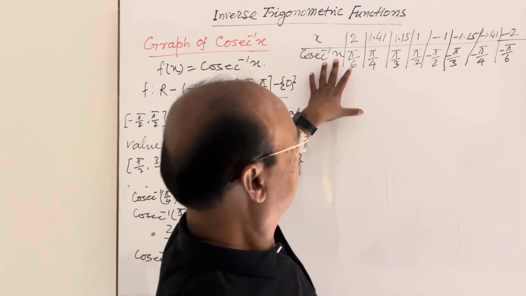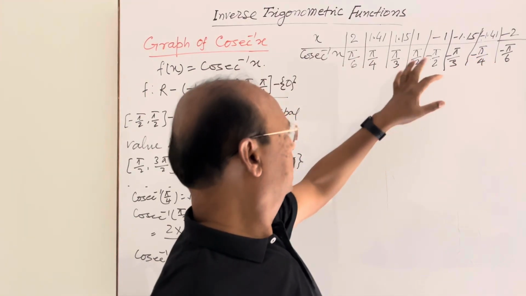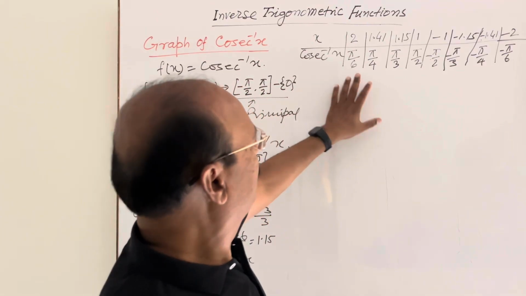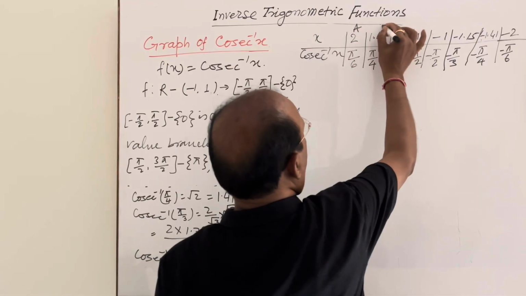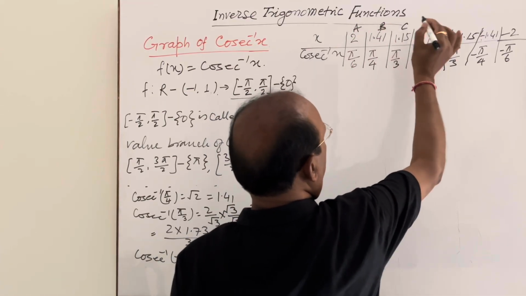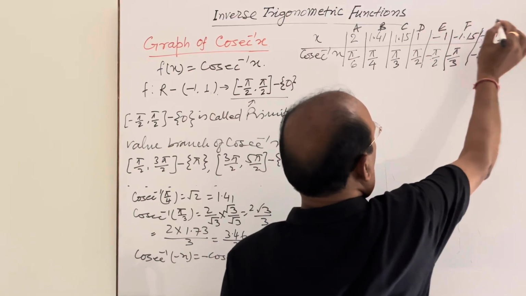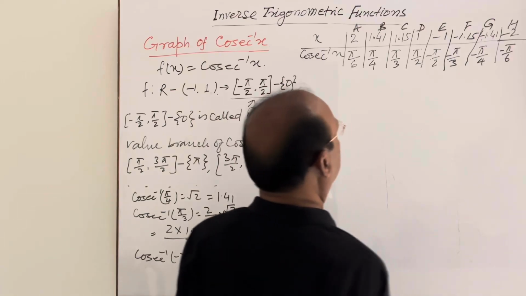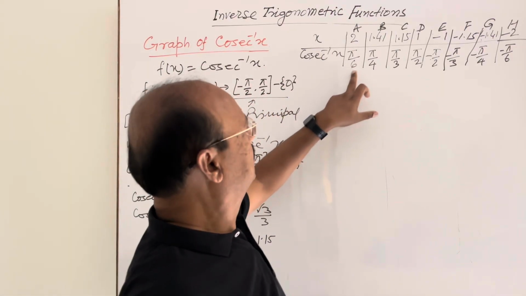So this many points are sufficient to draw the graph. And what will be the coordinates of these points? Let us take this as point A, this is point B, point C, point D, point E, point F, point G, and point H. So point A will have coordinates 2 and pi by 6.